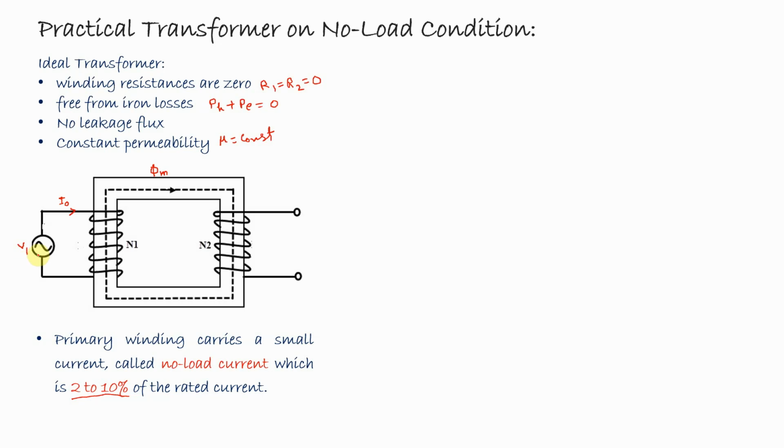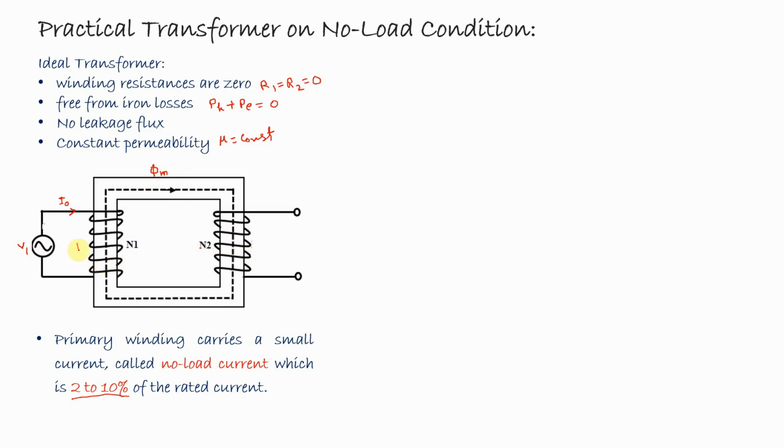As the voltage is alternating, the current will also be alternating. Therefore, the mutual flux will also be alternating, that means it will change with respect to time. When this changing flux flows through the core, it will cut the primary winding as well as the secondary winding. Therefore, an EMF will be induced in the primary as well as in the secondary side.